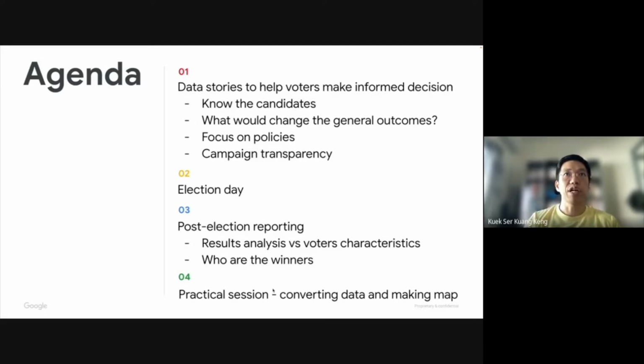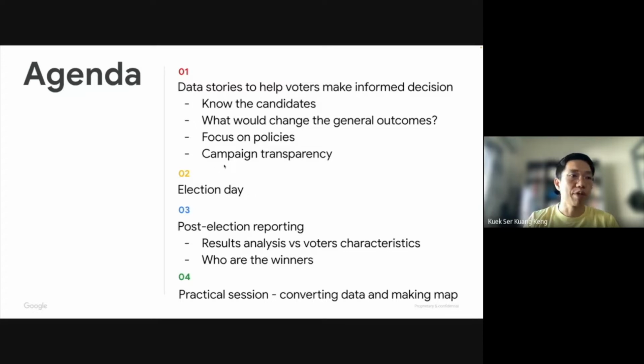All right, before showing you the different examples, first I would like to break the whole election coverage into 3 stages. The first one is before and during the election.